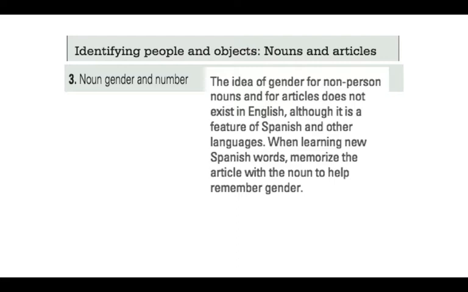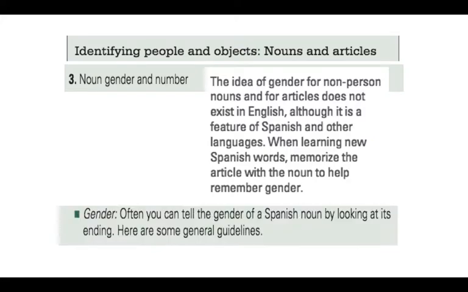So if you remember when we were talking about objects in the classroom, for example, we didn't just learn puerta, we learned la puerta. We didn't just learn diccionario, we learned el diccionario. And children, when they're young and learning language in Spanish, they learn the articles with the word from the very beginning, so they always know if the nouns they're learning are masculine or feminine.